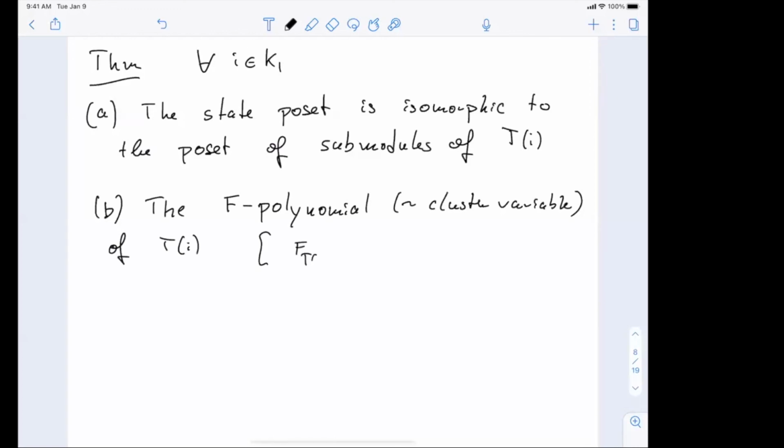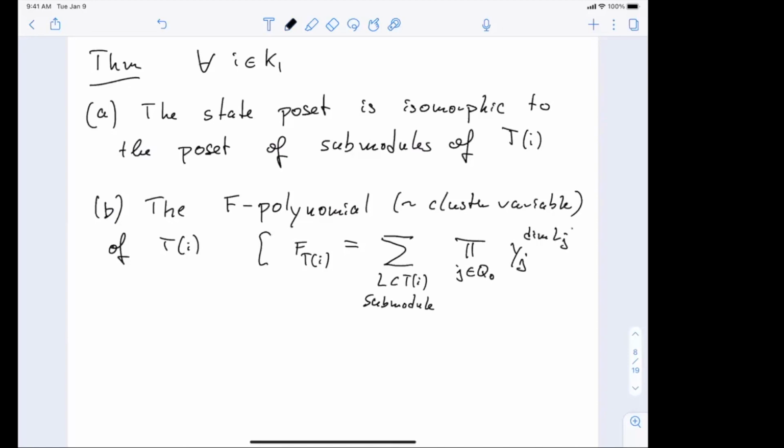F of T_i is the sum of all submodules, then you have the F polynomial is a polynomial in Y1 through Y_n, as many as you have vertices in Q, so j in Q0, Y_j, and you raise it to the power dimension of L_j. So this is called the F polynomial.